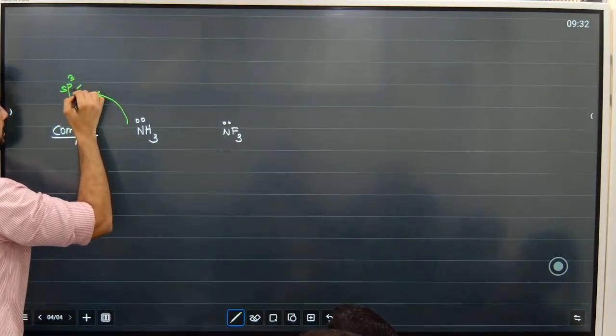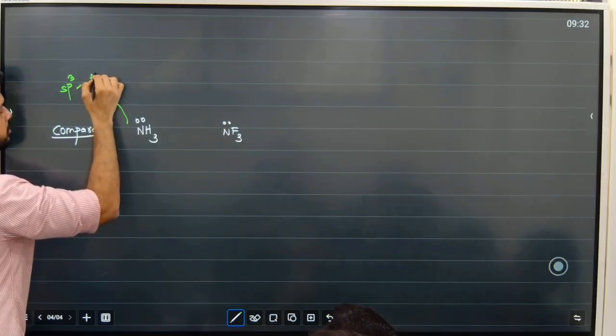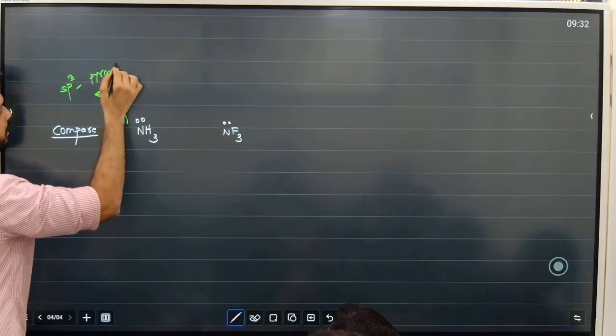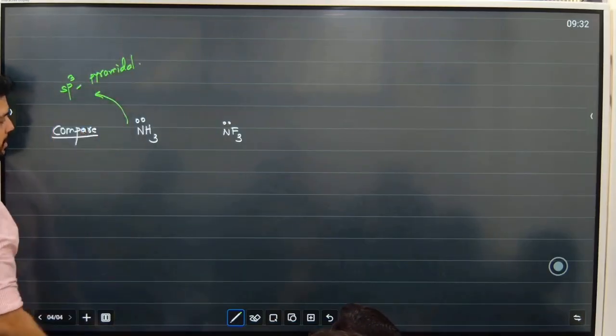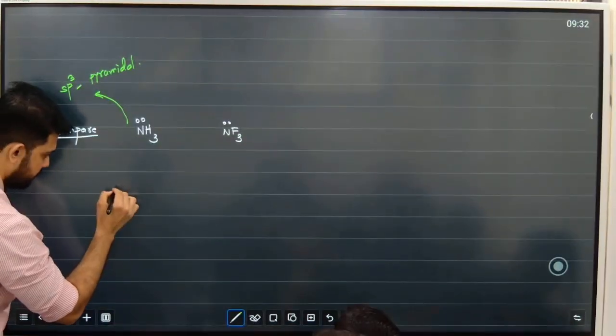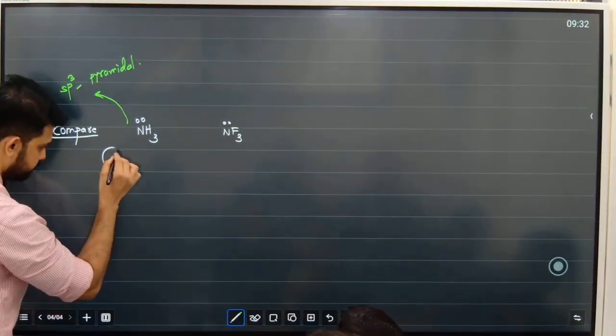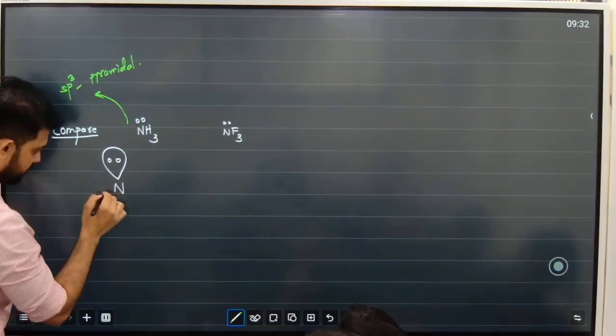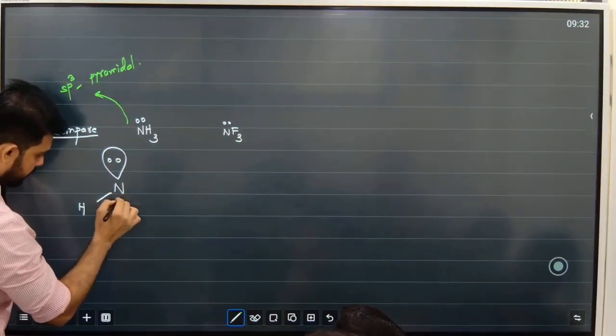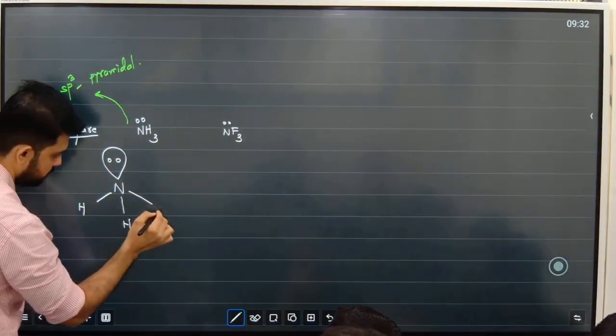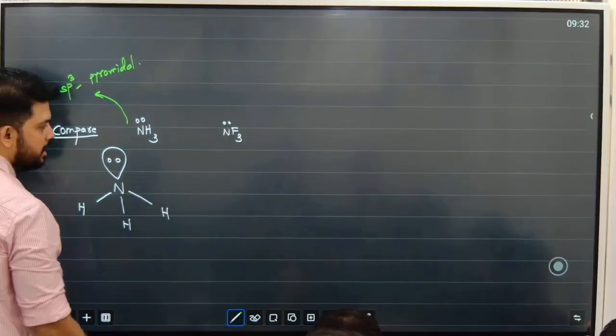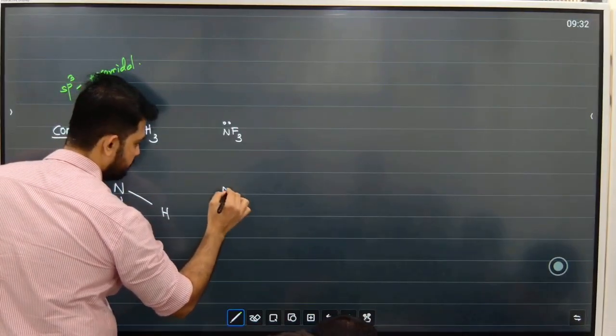Excellent, sp3, and the geometry? It was trigonal pyramidal. So it was something like this. Nitrogen, here is your lone pair, hydrogen, hydrogen and hydrogen. And similarly for NF₃, it would look something like this.